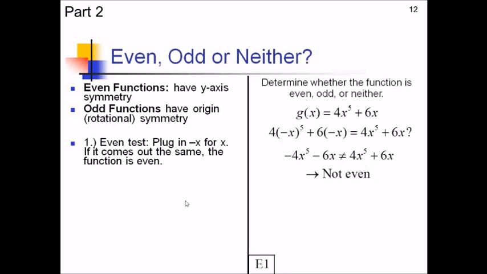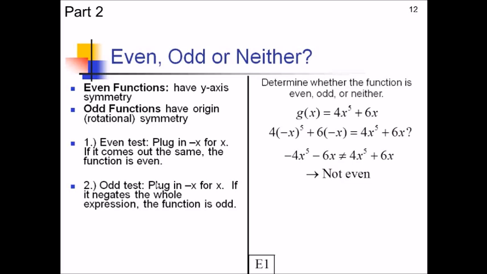Next, we're going to perform the odd test. For this one, we're still going to plug in -x for x, but now we want to see if it negates the whole expression. If it does, then the function would be odd. So we're going to start very much the same, plugging in -x here, but instead of just leaving the original the same, we're actually going to stick a negative out in front of all of it.